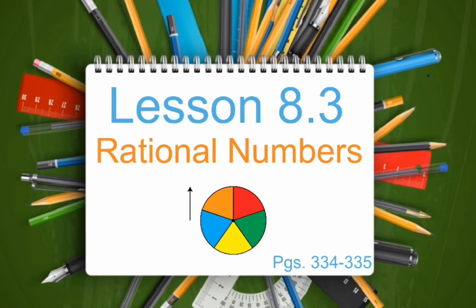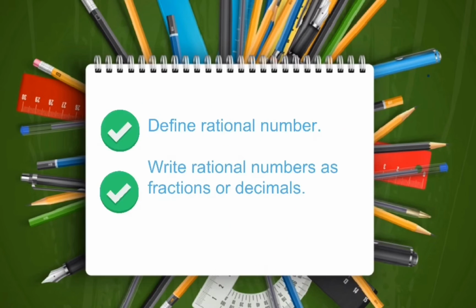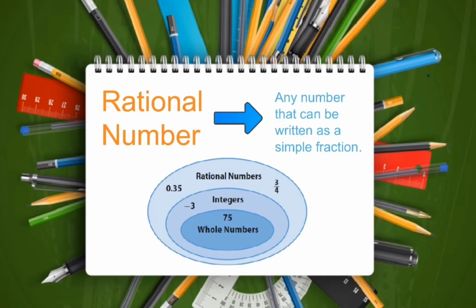Lesson 8.3 Rational Numbers. Let's go to page 334 and 335. Objectives. In this lesson, we will define rational number and write rational numbers as fractions or decimals. Rational number.